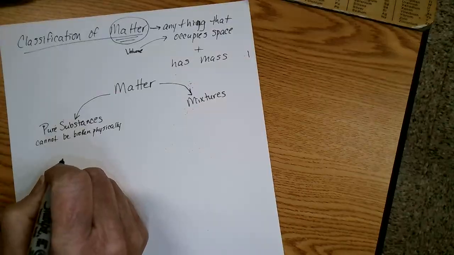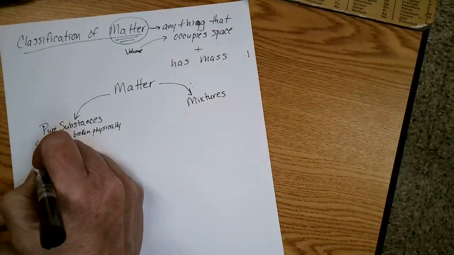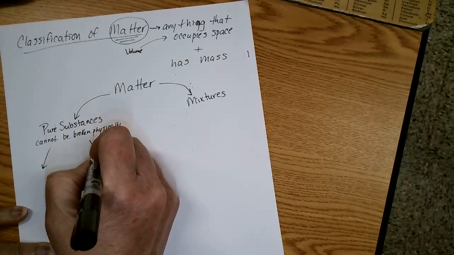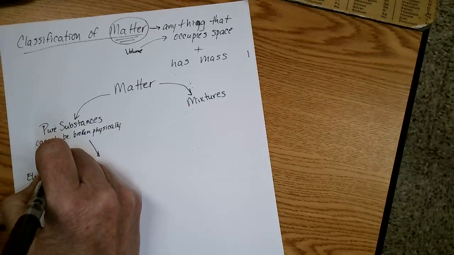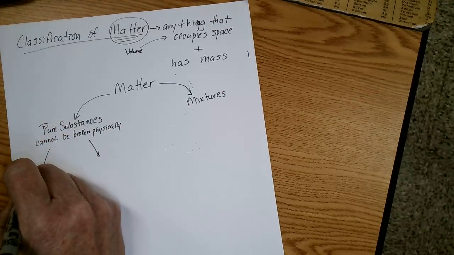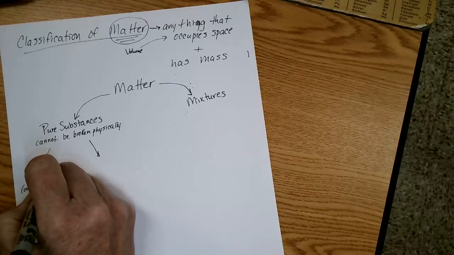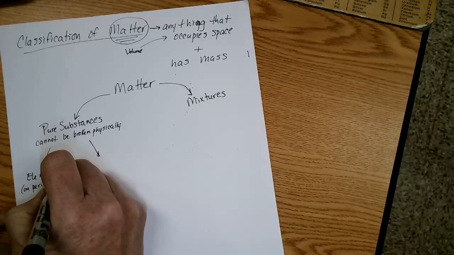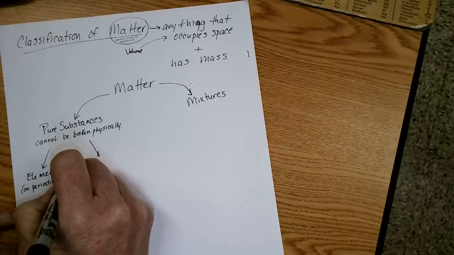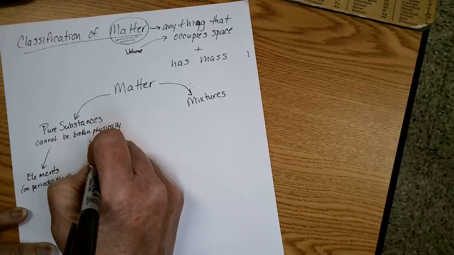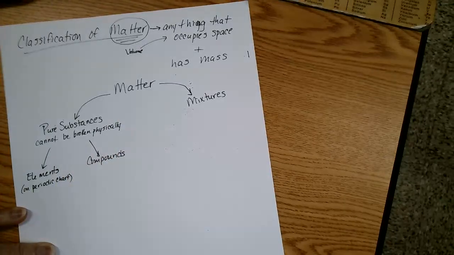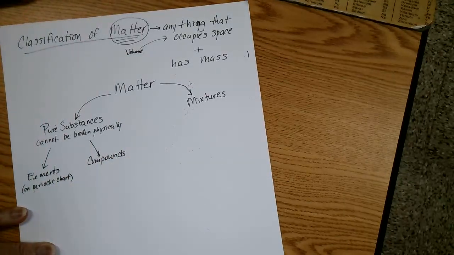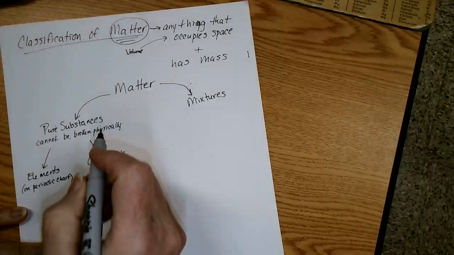And pure substances, we'll go into that right now, really come in two forms. They come in elements, which we're going to find on the periodic chart, and compounds, which are made up of two or more elements, but they're chemically combined, so we can't physically break them.